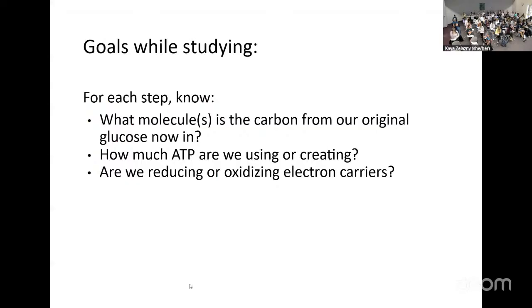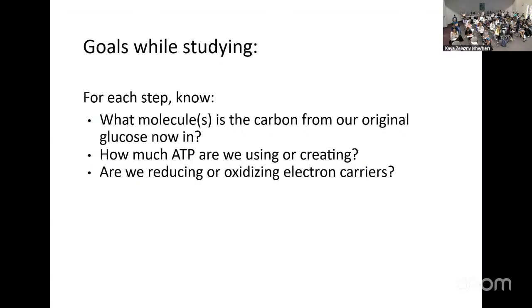So remember, as we're going through each step, it's my reminder to you, when you're going through and trying to explain them to yourself, you want to be thinking about, okay, what is the name of the molecule that we're interested in? So think glycolysis, we're going from glucose to pyruvate, right? Those would be what I mean by the name of the molecules.